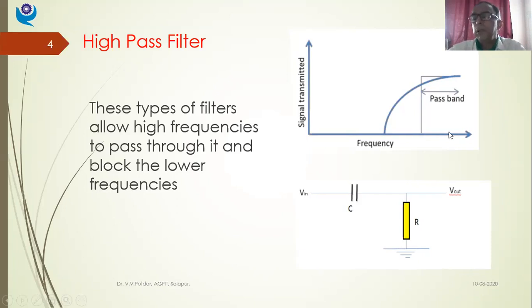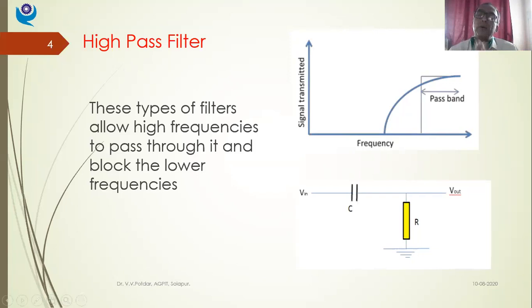The frequencies lower than this breaking frequency will not be allowed. So it filters out low frequencies and allows only higher frequencies. So the high frequency pass filter allows higher frequencies to pass beyond.